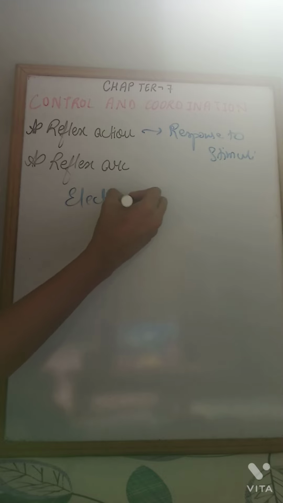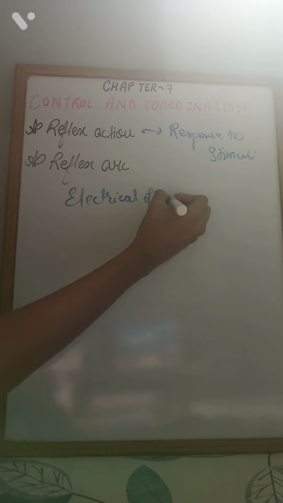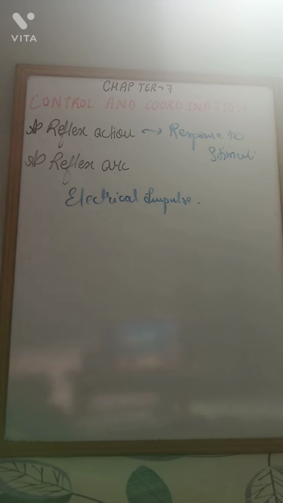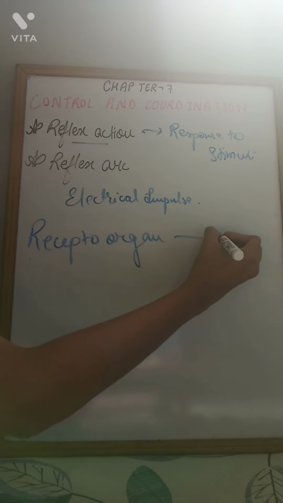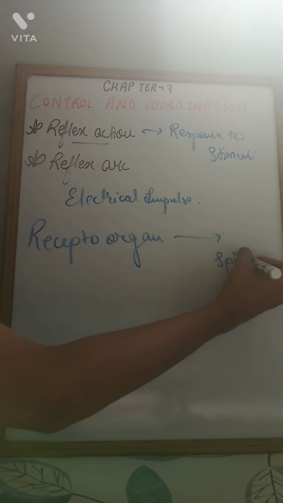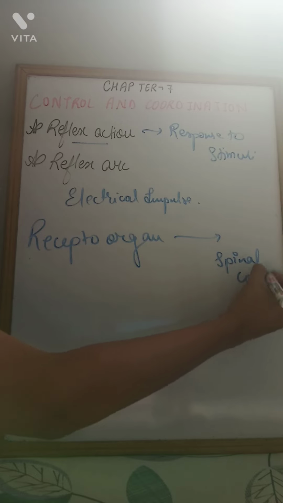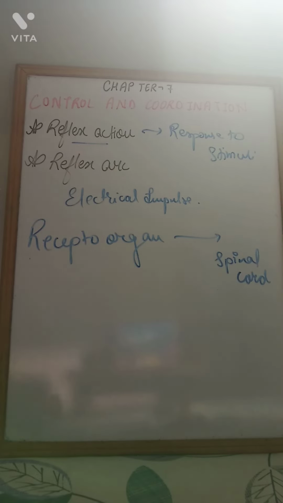During a reflex action, the impulse travels from the receptor organ to the spinal cord. It is processed there and the information is brought back to the concerned muscle to carry out the action.